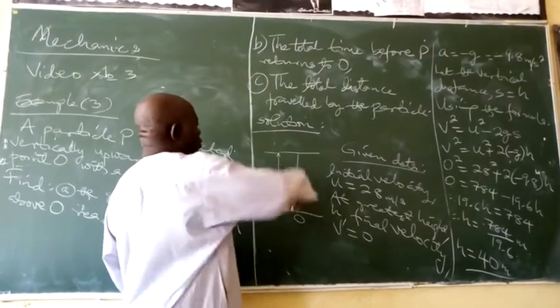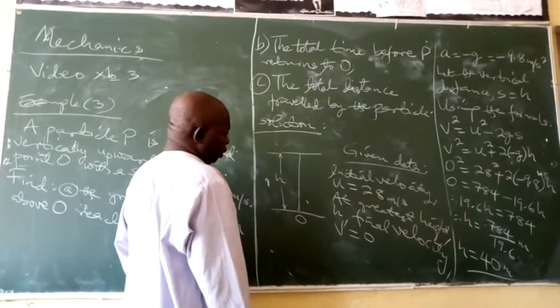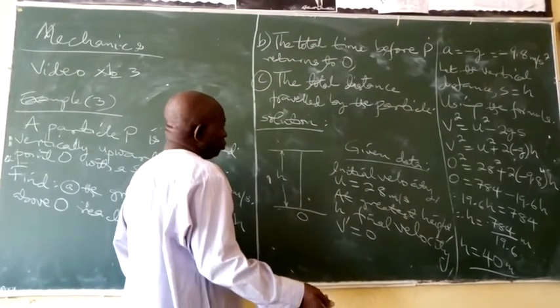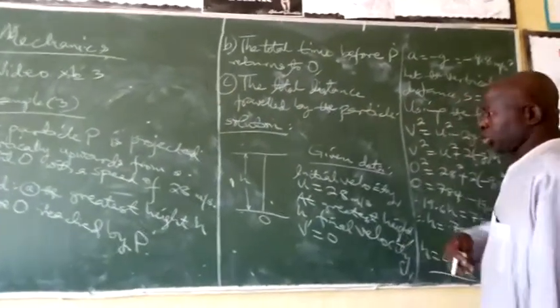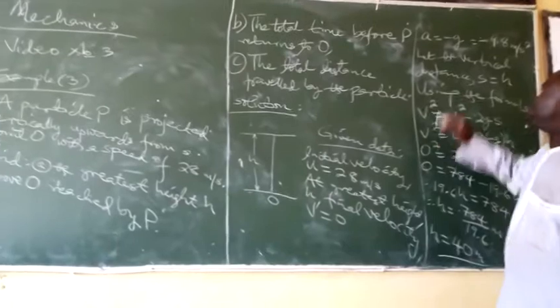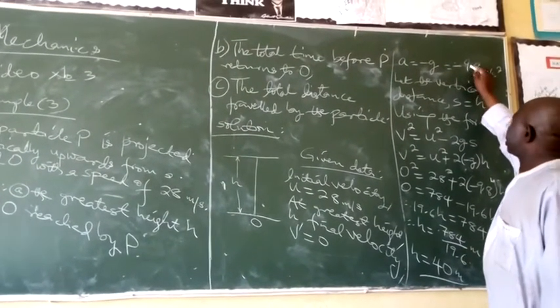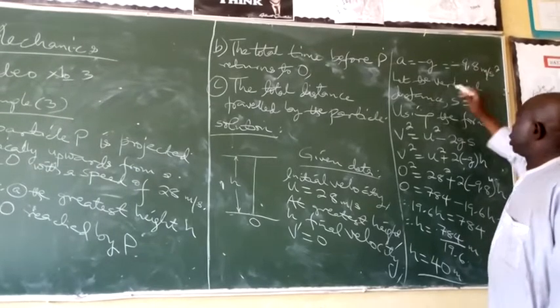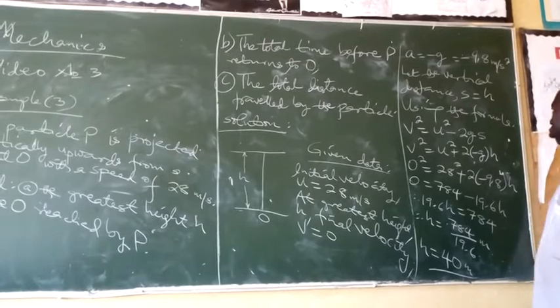Now when we are moving up, acceleration due to gravity is negative. It's moving under the influence of gravity, so since it is going up, a is minus g, minus 9.8 meters per second squared. Let the vertical distance S be equal to H.